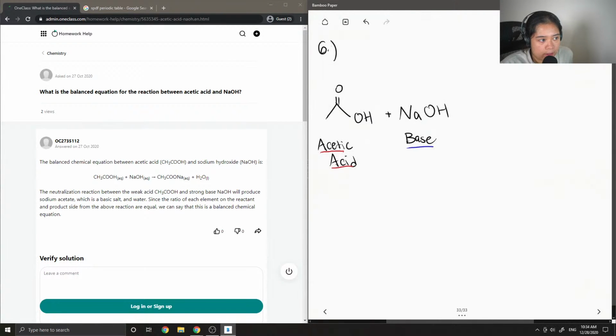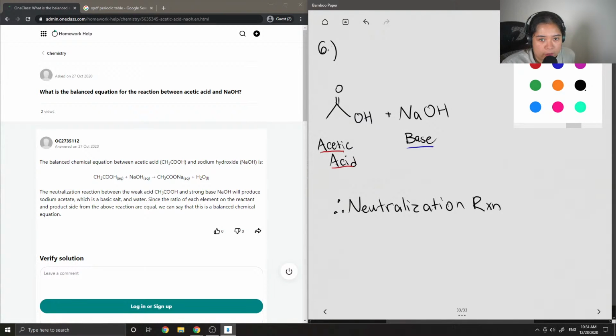So this kind of tells us that a neutralization reaction will occur. So I'll just say, therefore, neutralization. And when you have a neutralization reaction, this forms water and a salt.